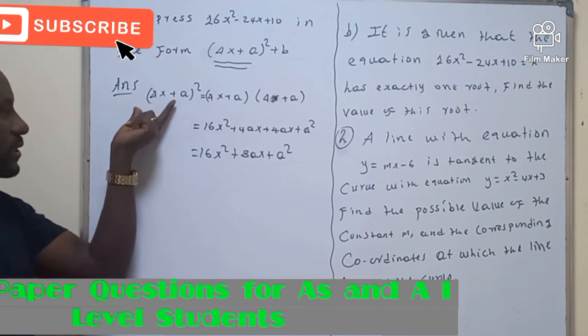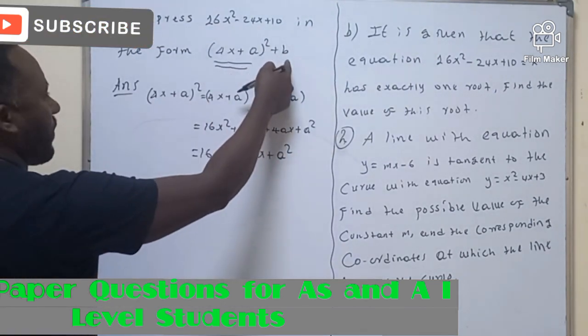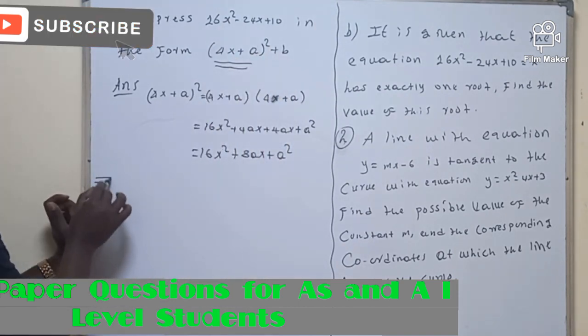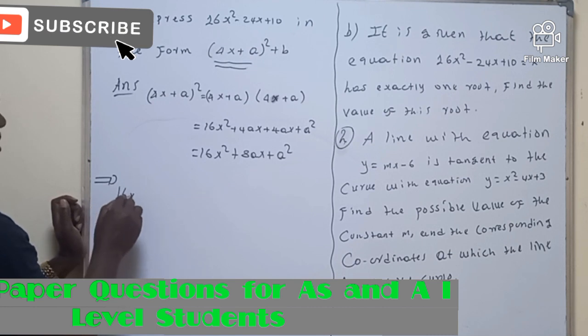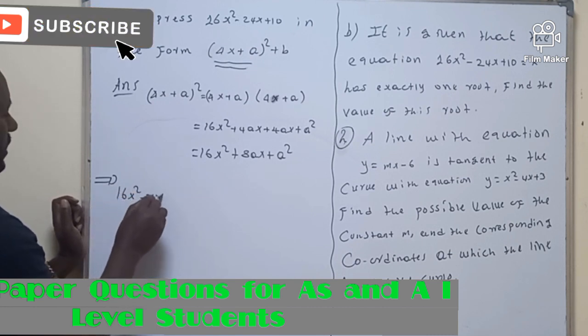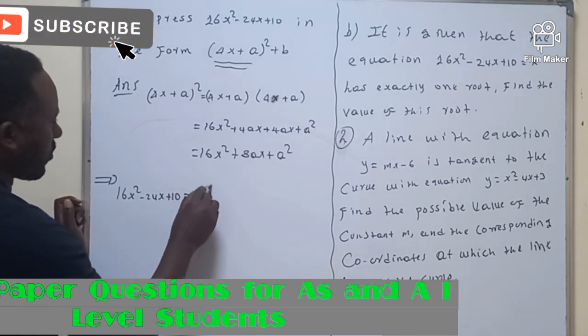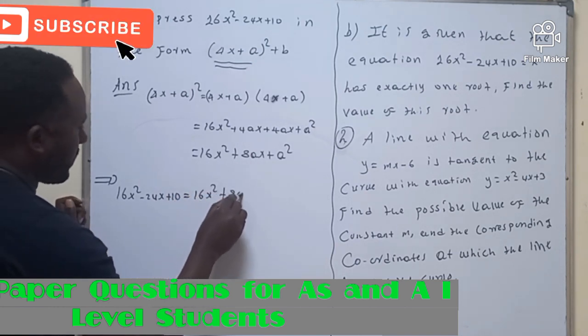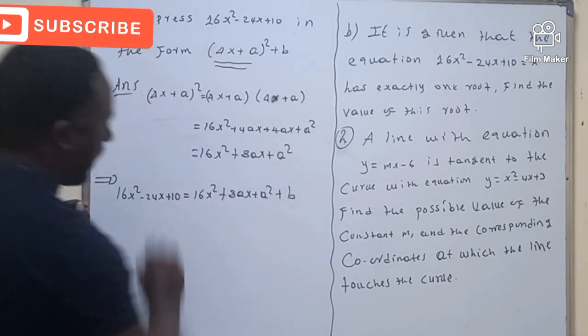So when we are expanding this problem, we can have this one. Now there is the b value. So this implies that you have to express 16x squared minus 24x plus 10 as 16x squared plus 8ax plus a squared plus b.